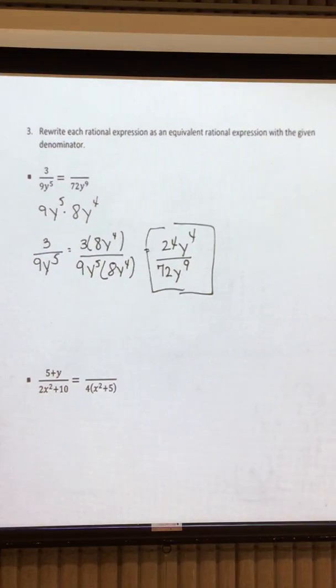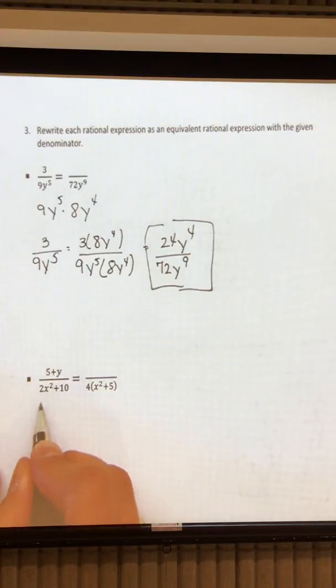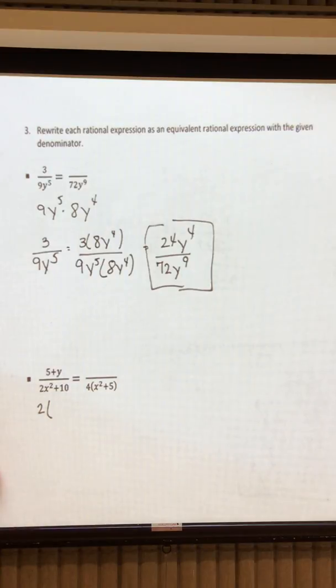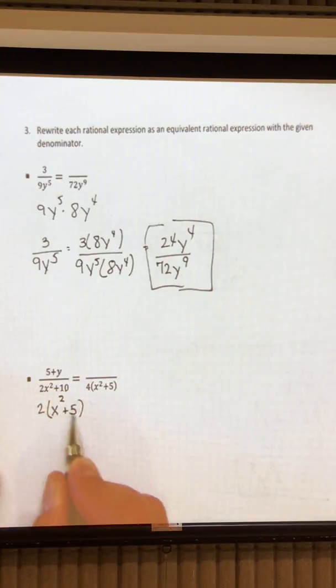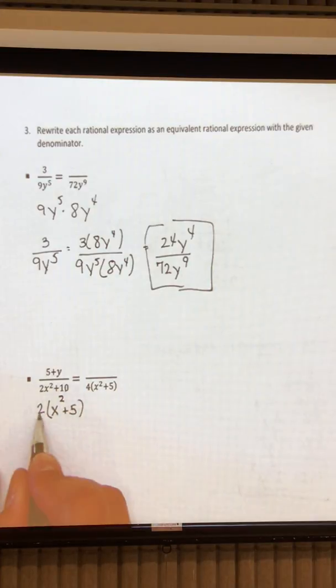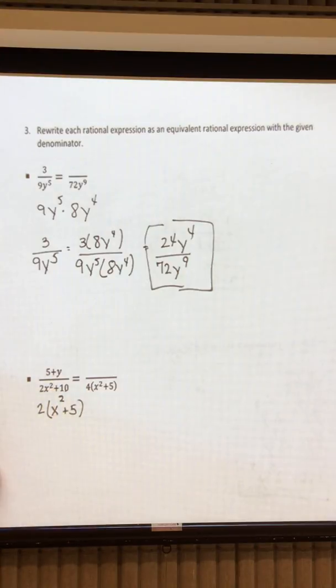Part B for number 3, we have 2x squared plus 10. Let's first factor this denominator by finding the greatest common factor of both terms, which is a 2. So 2 times x squared is 2x squared. 2 times 5 is 10. So here our denominators are almost the same, except we're missing a 2 here on the outside. So we need to multiply this rational expression by 2.